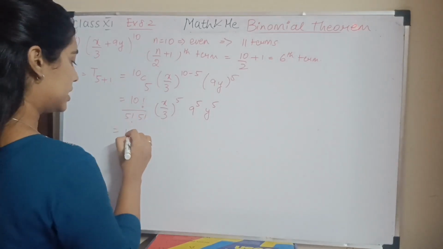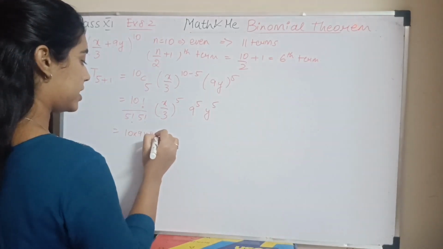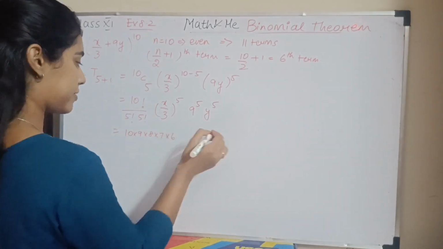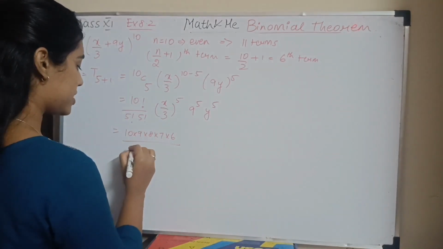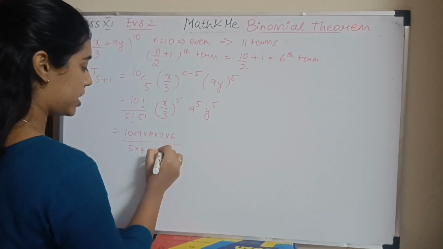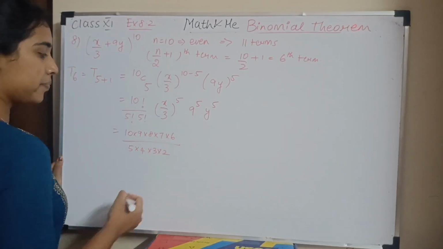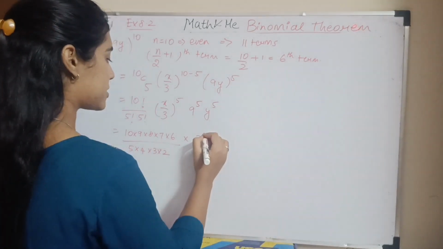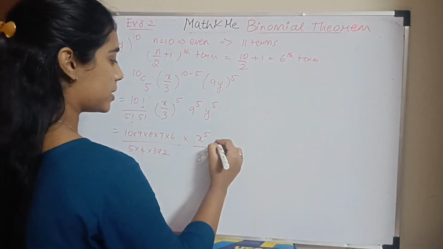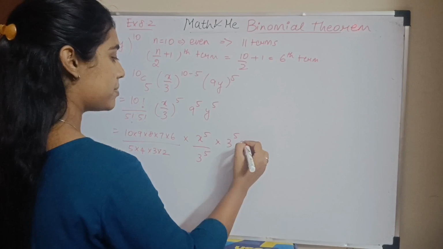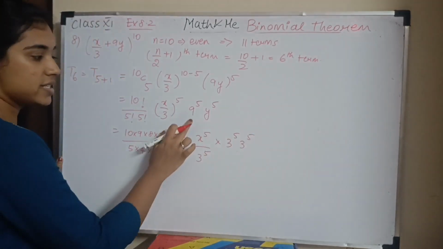Now what do I have? 10 into 9 into 8 into 7 into 6 into 5 factorial, divided by 5 factorial times 5 factorial; the 5 factorial goes off. And this 5 factorial is 5 into 4 into 3 into 2 into 1, times x power 5 divided by 3 power 5. And this 9 can also be written as 3 power 5 times 3 power 5, since 9 is 3 into 3.